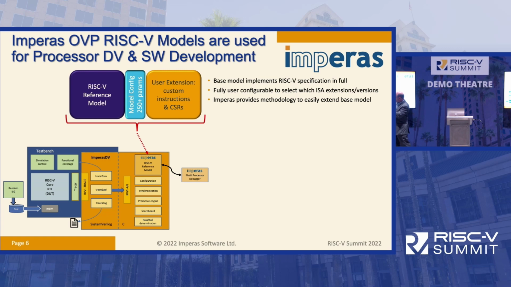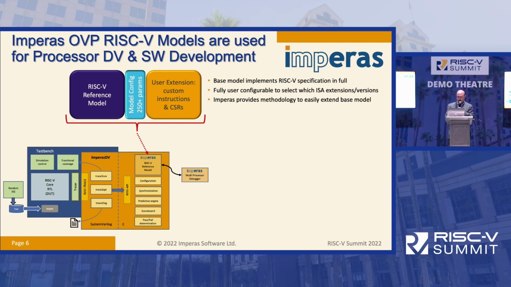And then also here we've got the RVVI RISC-V verification interface standard that is enabling communication between the test bench and the reference model subsystem there. We've also got the Imperas debugger there, and that works well to enable hardware-software code debug in the DV environment. So that's one use case.